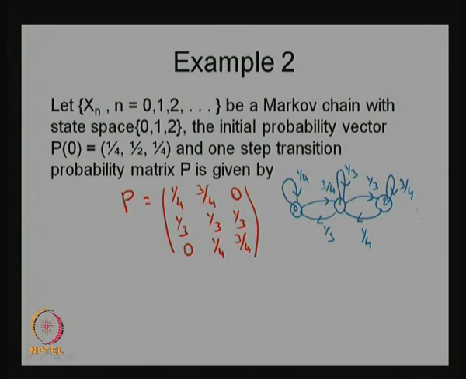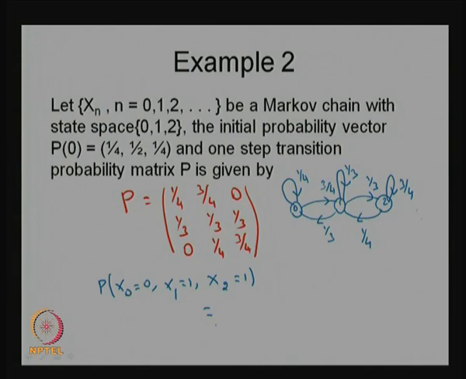Our interest is to find a few quantities. What is the probability that X0 is equal to 0, X1 is equal to 1, and X2 is equal to 1? It is a joint distribution of these 3 random variables.